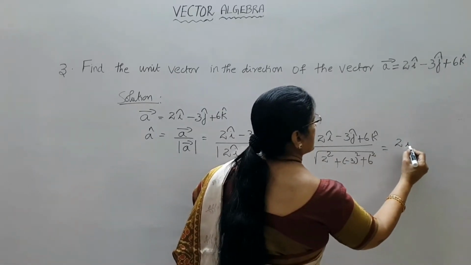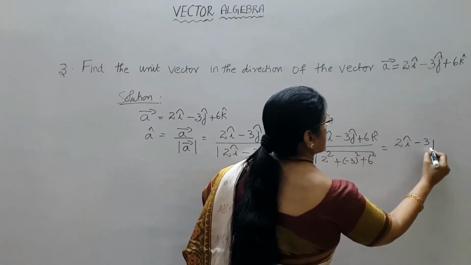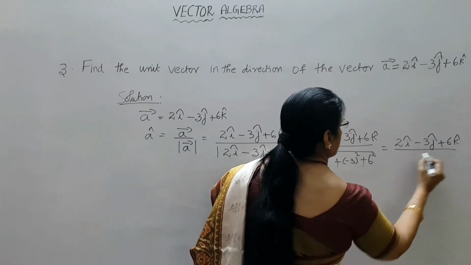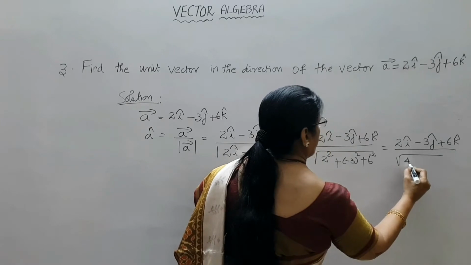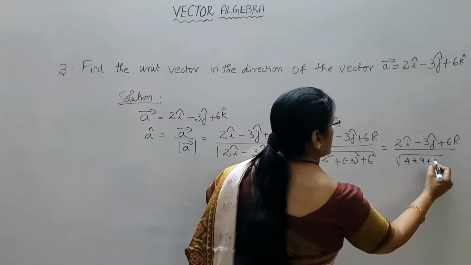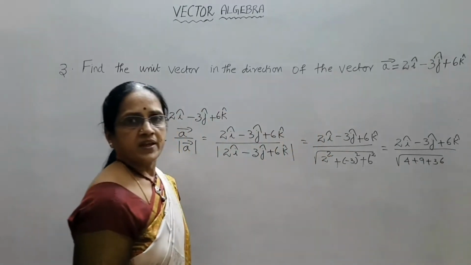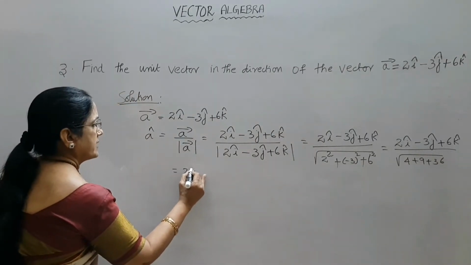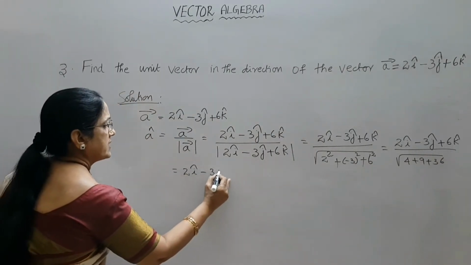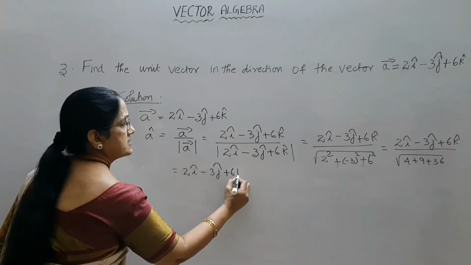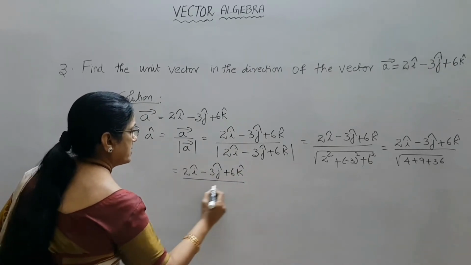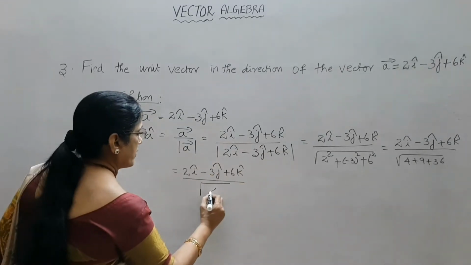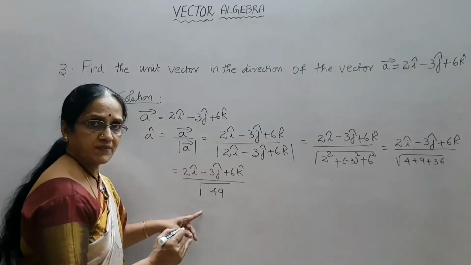This will be 2i cap minus 3j cap plus 6k cap by root of 4 plus 9 plus 36, which is nothing but 2i cap minus 3j cap plus 6k cap by square root of 49. Square root of 49, you know, is nothing but 7.